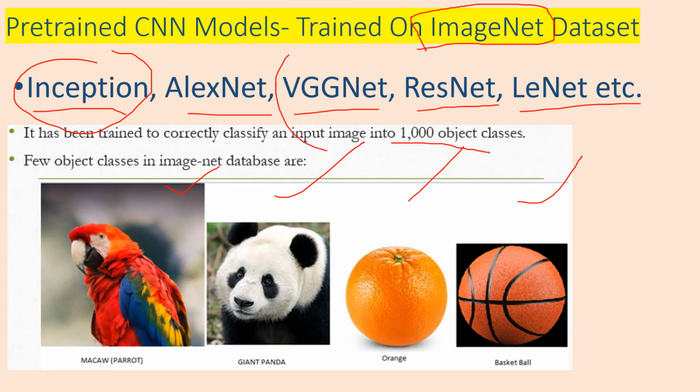Similarly, if you look at VGGNet, you will have several versions. There is a slight difference in the architecture and number of parameters. Some CNN models have a very complex architecture, more parameters, etc. The theory about these pre-trained CNN models we'll see maybe in future videos.